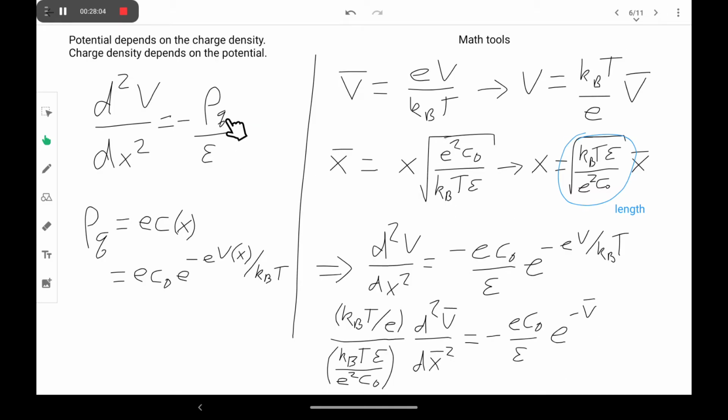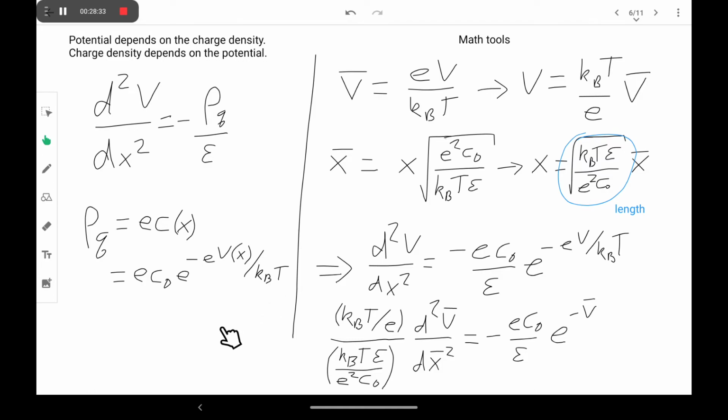So with this one, this is the charge density. Now by the Boltzmann factors, we know that the charge density should be equal to the concentration multiplied by the charge on each of those, which we'll assume everything is monovalent or singly charged. But we know by Boltzmann that concentration ought to be proportional to a Boltzmann factor of the energy over kBT.